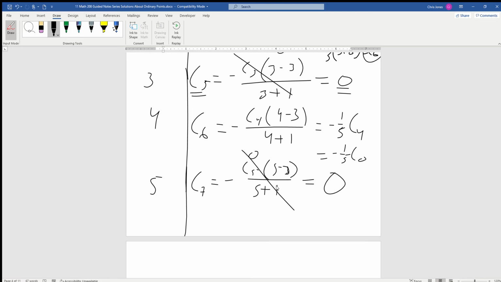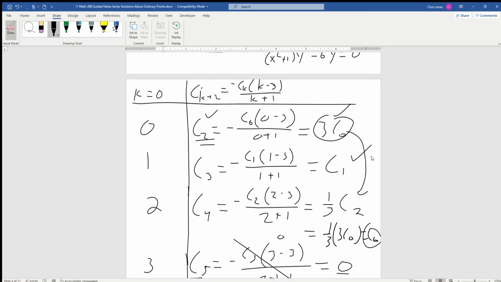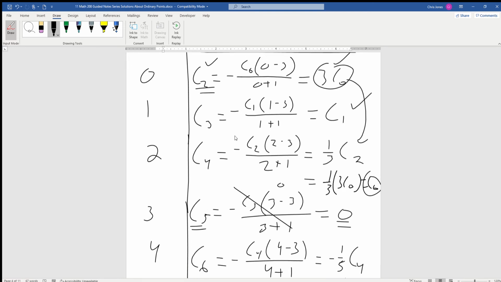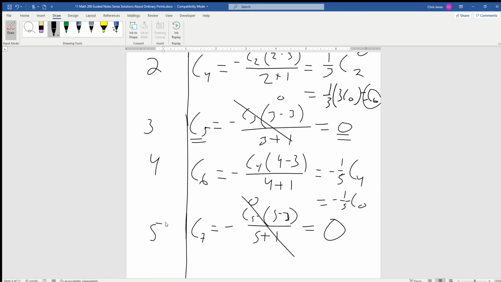So it becomes 0. It looks like a few terms work out. We have C1, we have C3, then we have C5, which is 0, and then C7, which is 0.